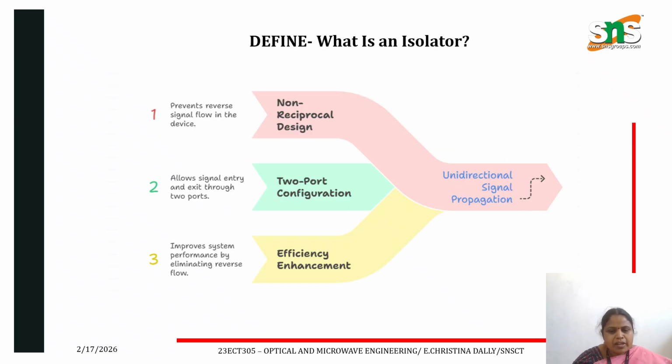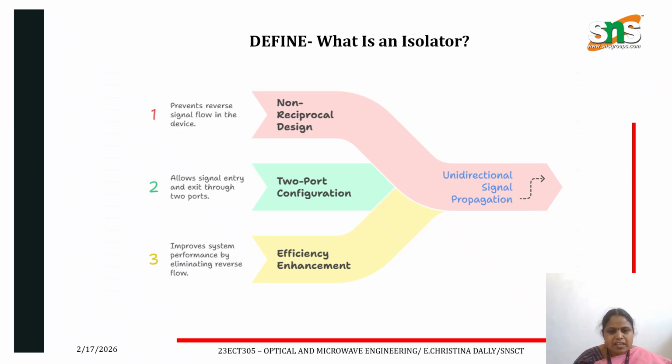What is an isolator? It is the reverse process. It is categorized as a non-reciprocal design. It is a two-port configuration with efficiency enhancement. This isolator is known as unidirectional. The first point is that it prevents reverse signal flow in the device.